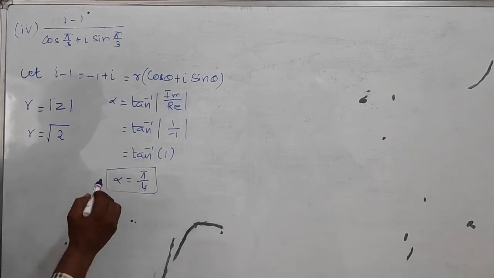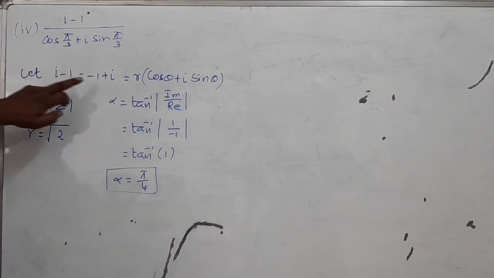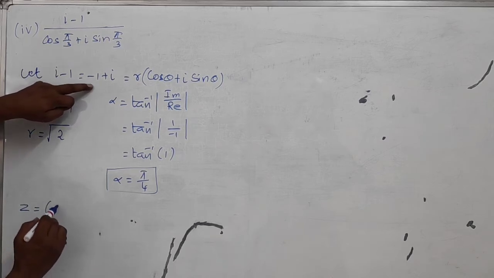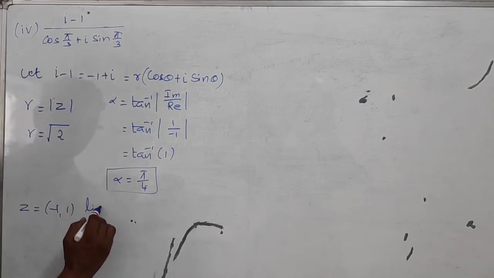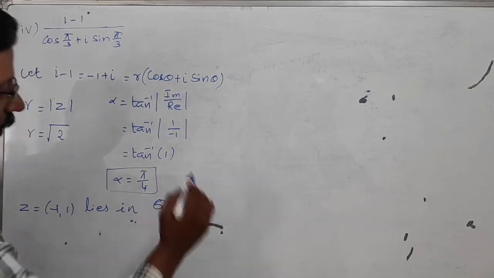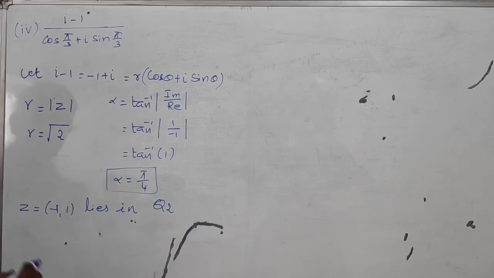Now we got the alpha value also. Now we need to find theta. Theta means we need to find the position of z. Here z is equal to minus 1 comma 1, which lies in the second quadrant, x is negative, y is positive.